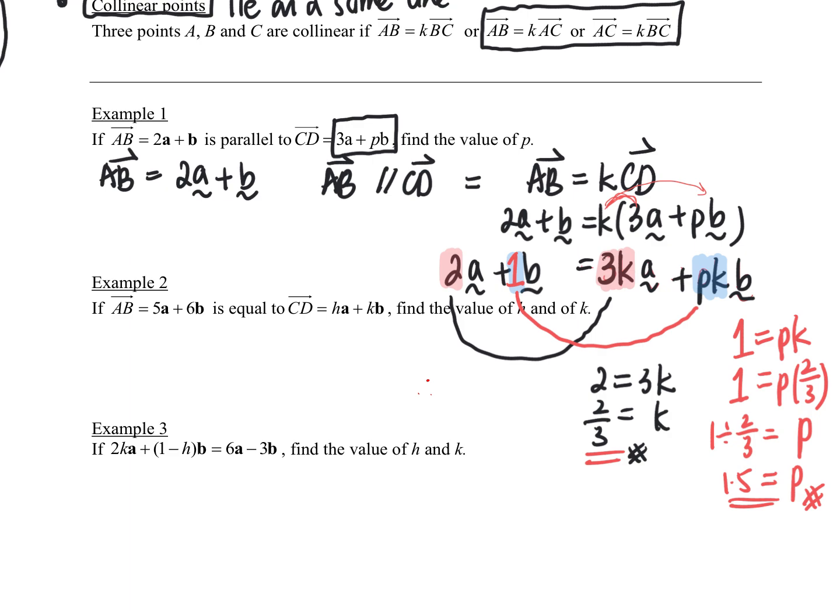Silesh, following? Okay? So when they are parallel, you must write this. They are ratio of each other. That means it is K times the other vector. And then you just expand and compare.